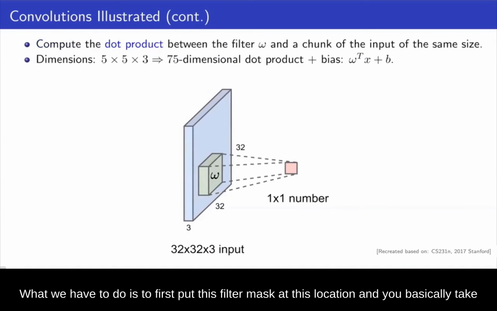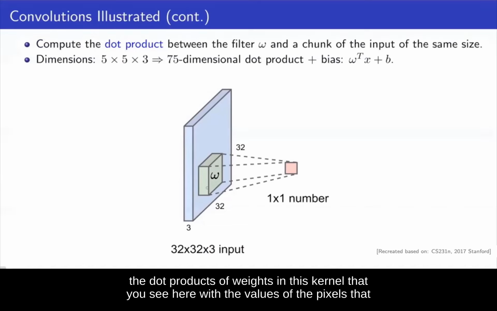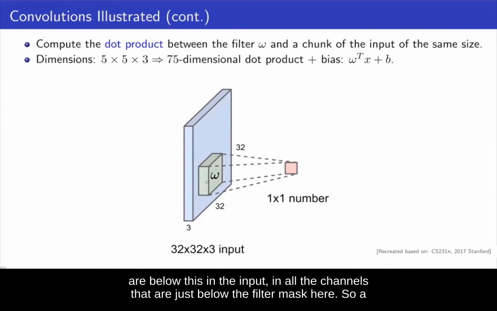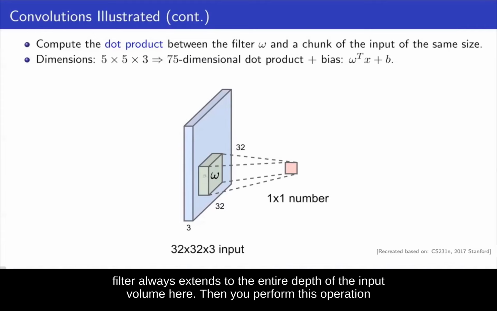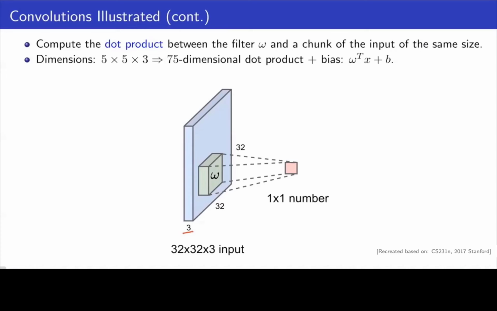What we have to do is first put this filter mask at this location, and you take the dot products of the weights in this kernel with the values of the pixels that are below it in the input, in all the channels just below the filter mask. So a filter always extends to the entire depth of the input volume.